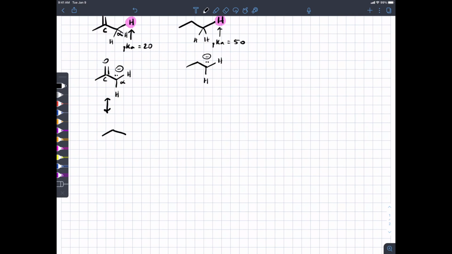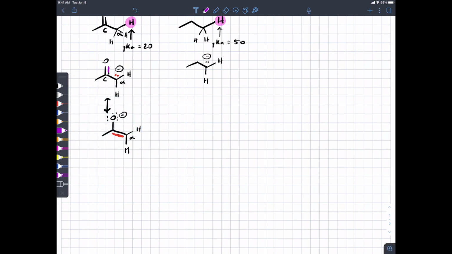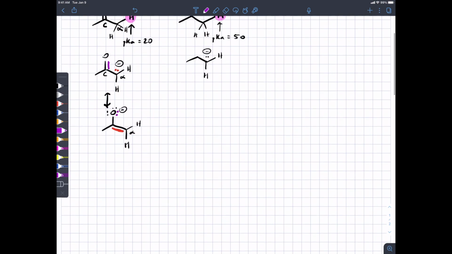In other words, I can draw a resonance structure where I move the electrons that used to be on the alpha carbon and put them in this pi bond. Then I take the electrons that used to be in this pi bond and put them out on this oxygen.